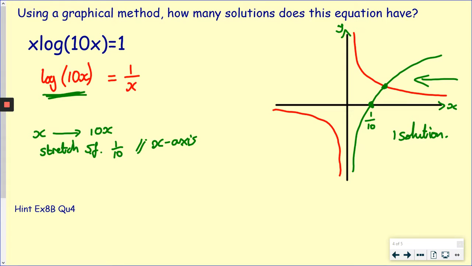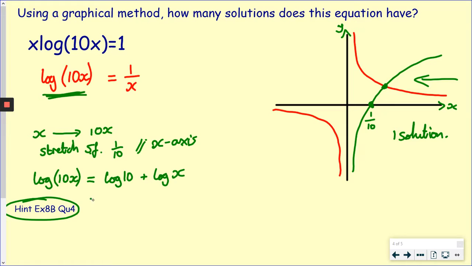However, and this is a hint for this question here, we could rewrite this. Log 10x equals log to the base 10 of 10 plus log to the base 10 of x. Log to the base 10 of 10, well, what power do you raise 10 to get 10? Well, it's just 1. So this is 1.